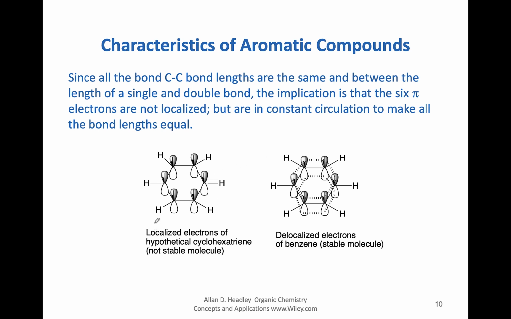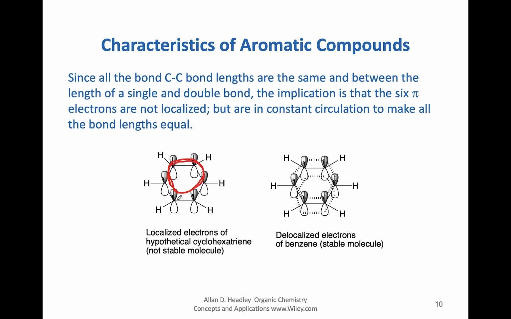So let's go back. This is what we had before. One way of describing this is that all these 6 electrons are in constant motion throughout all 6 carbons. It's like they're moving rapidly throughout these 6 carbons.